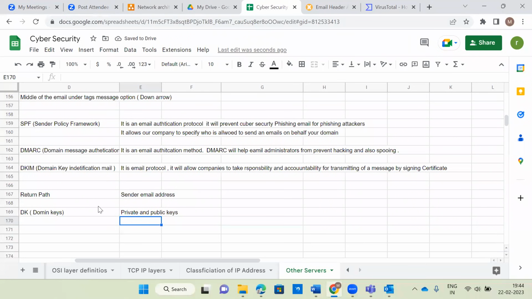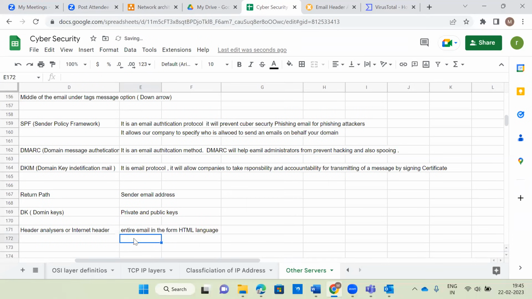Okay, the last one is header analyzer. This header analyzer is also called the internet header. This is the entire body and the entire email in the form of HTML.